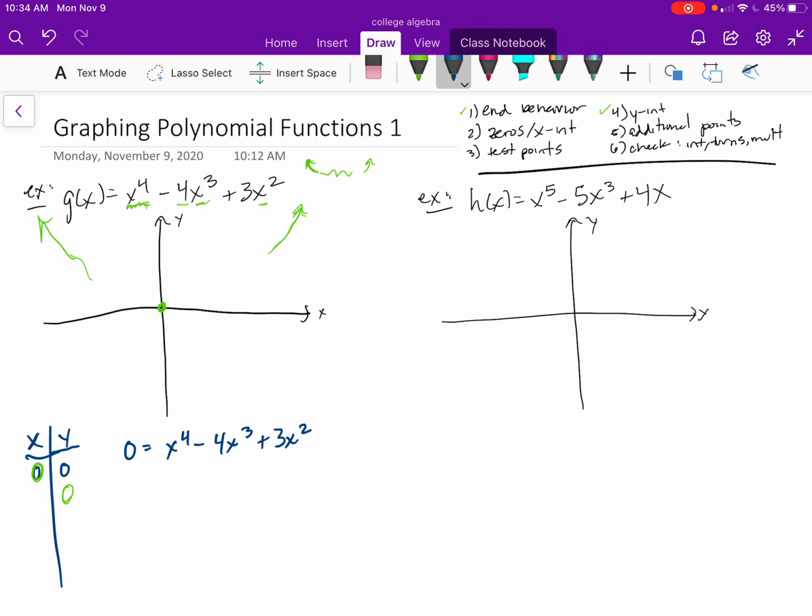To solve this now, always look for a greatest common factor. We can factor out x squared. Okay, and then set it equal to 0. So this factors to this. I'm sorry, set each factor equal to 0 now.